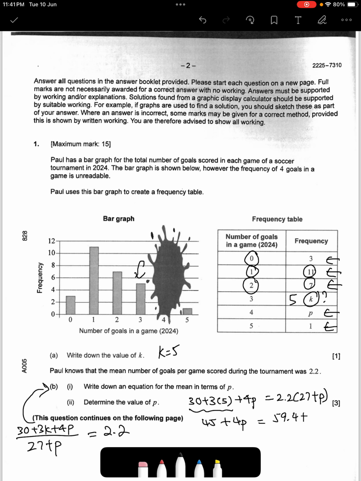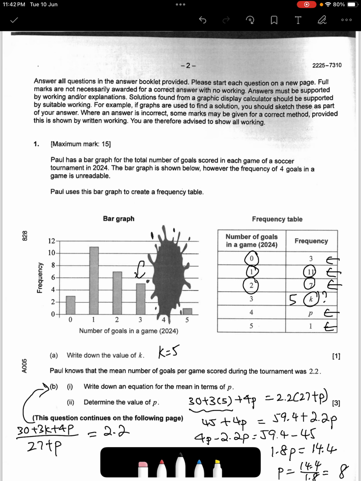plus 2.2p. Okay, so you're going to put all the p's to one side, and I'm going to put all the numbers to the other side. So I'm going to get 1.8p equal to 14.4, and p is going to be 14.4 divided by 1.8, and I believe this is going to give me 8.